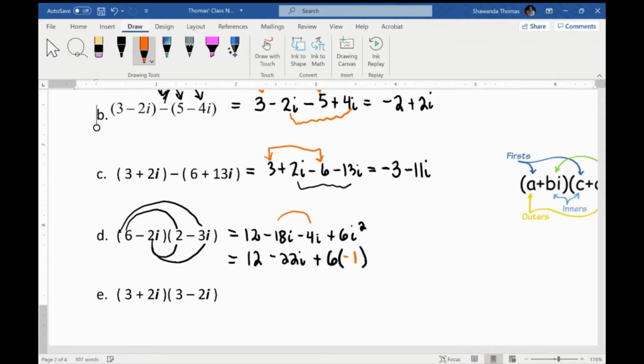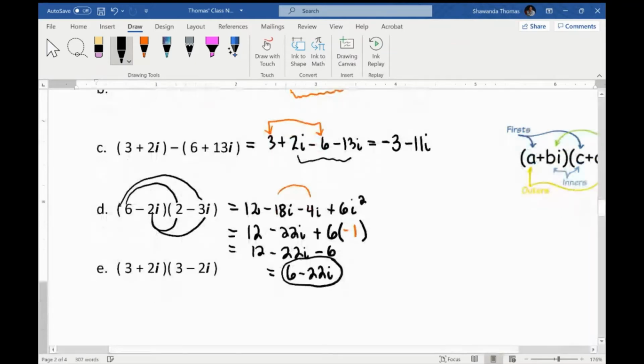Let me write it all out. So we have 12 minus 22i minus 6. We're not done, because we can combine 12 minus 6. What is that? 6 minus 22i. Yes, 6 minus 22i.